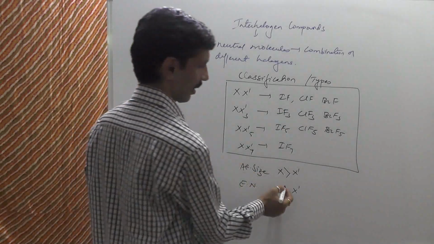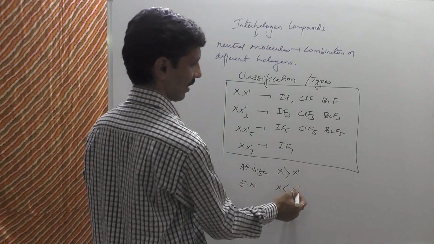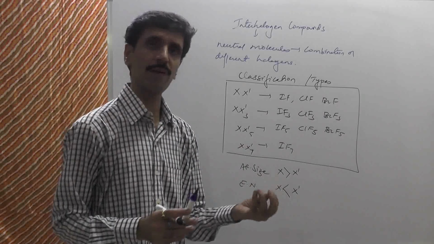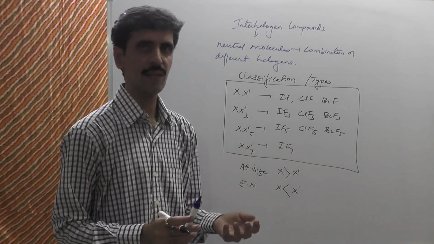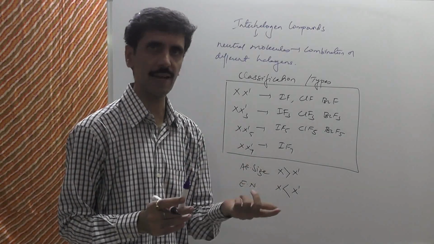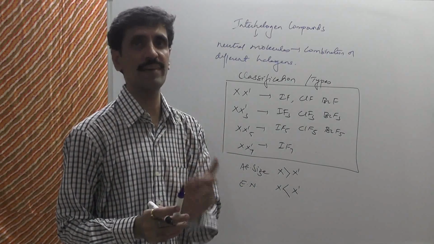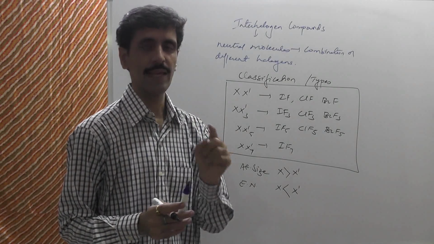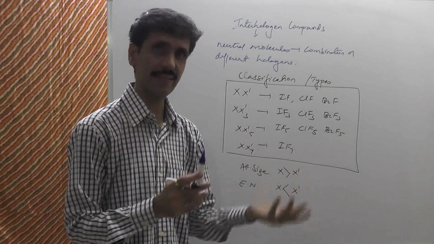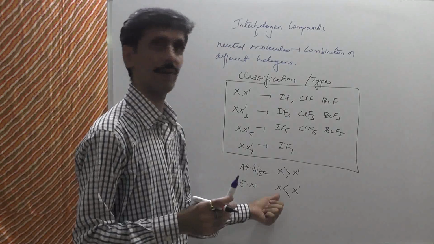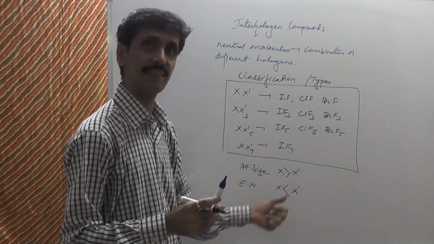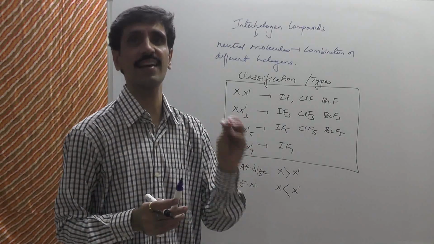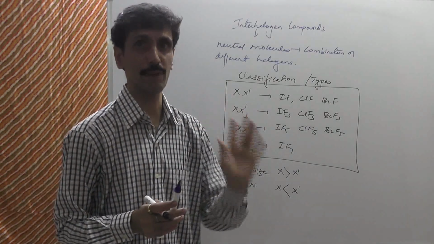With respect to electronegativity, we say X dash is greater than X. Therefore, one important point which I would like you to understand is that whenever fluorine is going to form an interhalogen compound, it can never behave as X. वापस से बोलता हूँ, अगर फ्लोरीन एक इंटरहैलोजन कंपाउंड बनाता है तो वो कभी X की तरह बर्ताव नहीं करेगा, क्योंकि X वो है जिसका इलेक्ट्रोनेगेटिविटी कम है और फ्लोरीन का इलेक्ट्रोनेगेटिविटी सबसे ज़्यादा है. Okay, in the entire periodic table.